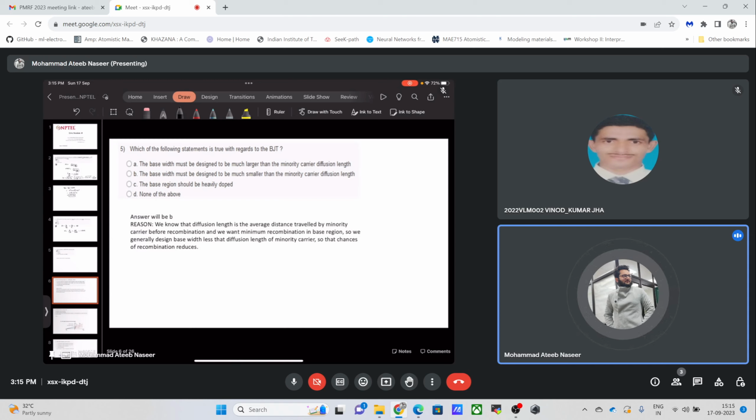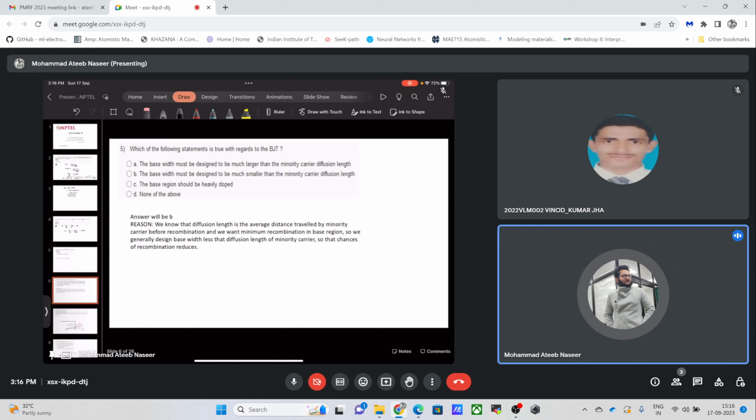This is simply because we do not want recombination in the base region. So that's what we have written over here. The answer to this question is B, because we need to ensure very little recombination in the base region.